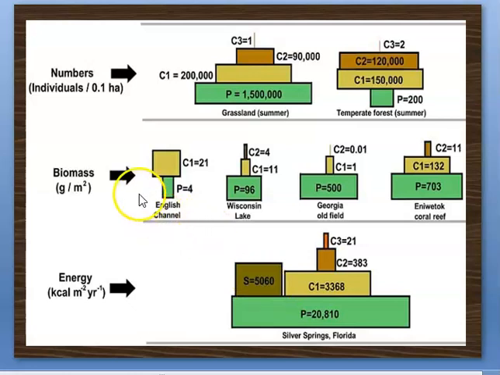In the pyramid of numbers, an example is taken as grassland for upright, and then the temperate forest for both here, and here also each one has taken a different ecosystem for biomass, and for energy they have taken one particular region, which can be grassland.